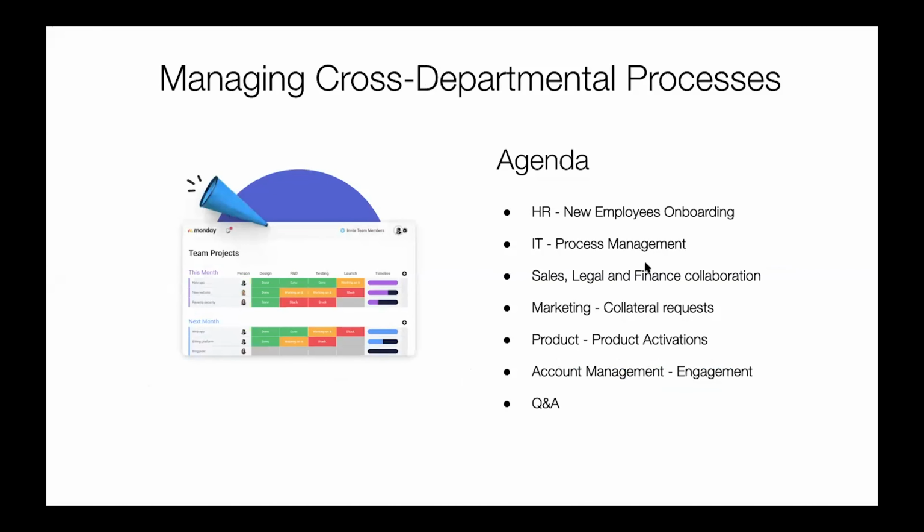A couple of things about our agenda today. We're about to learn how we're able to do cross-department collaboration with monday.com. We will go through a couple of use cases in different departments, and we will see how they are connecting together. We're going to go through HR, IT, sales, legal, how marketing works with Monday, and how product collaborates with them as well.